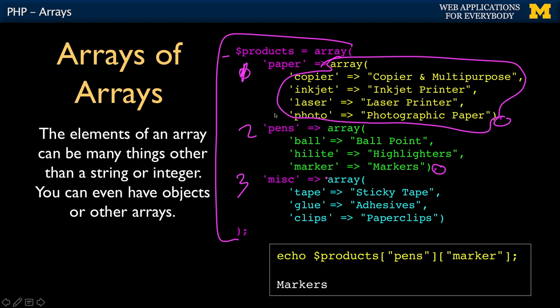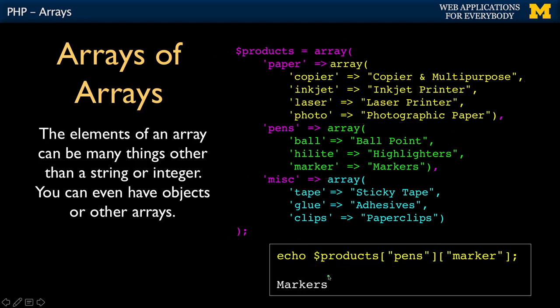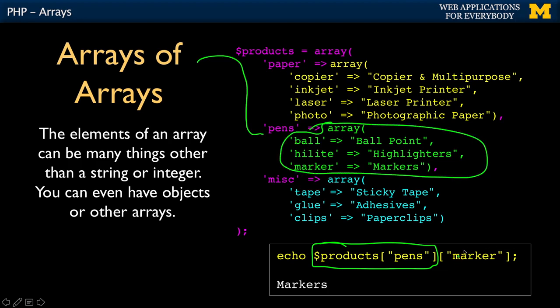So you can think of this as product sub pends. Product sub pends is going into this outer array and grabbing this thing. And then sub marker is within this array grabbing sub marker and looking up markers. So that pulls out markers.